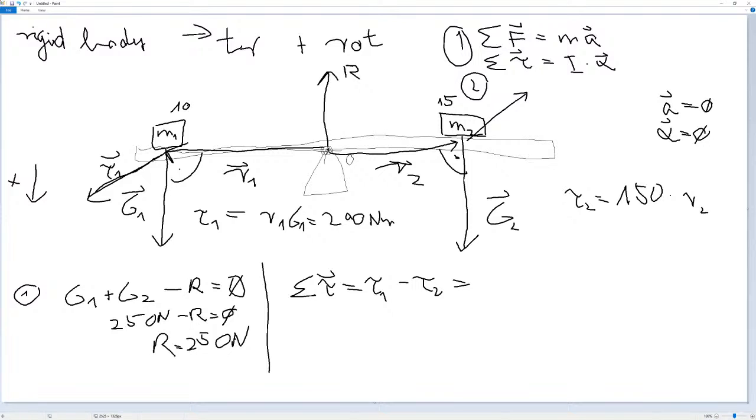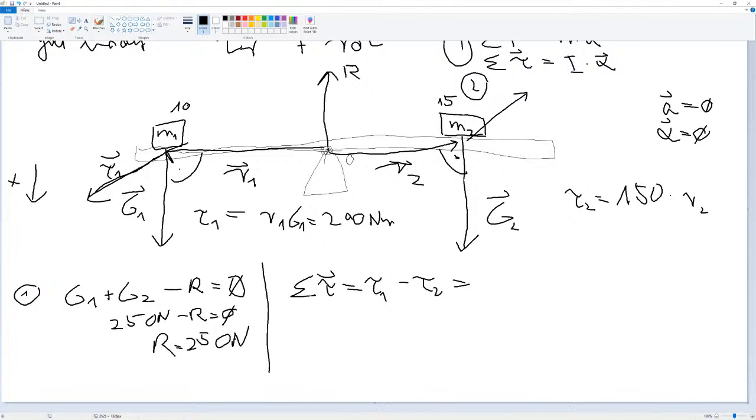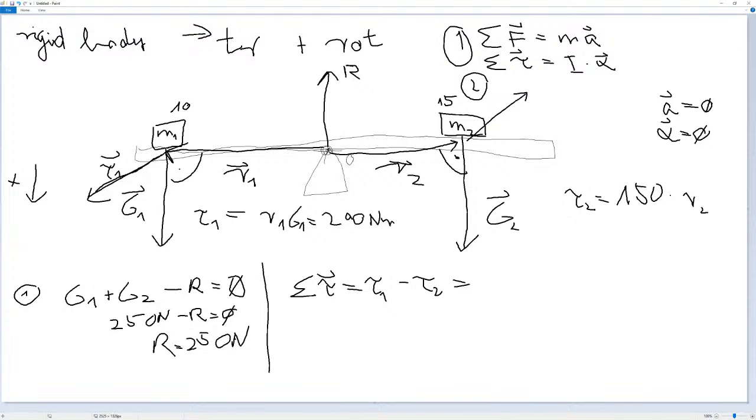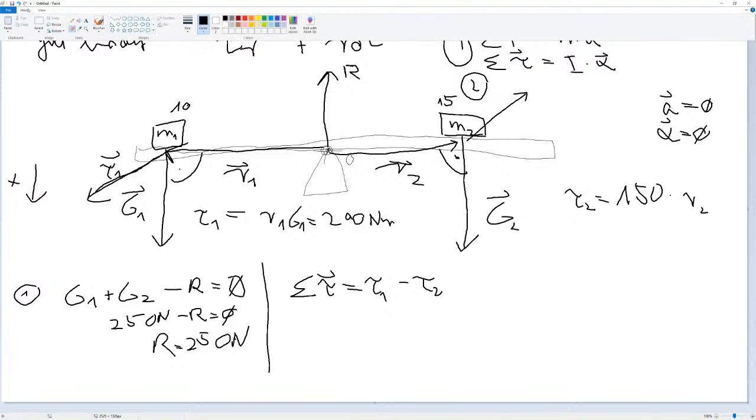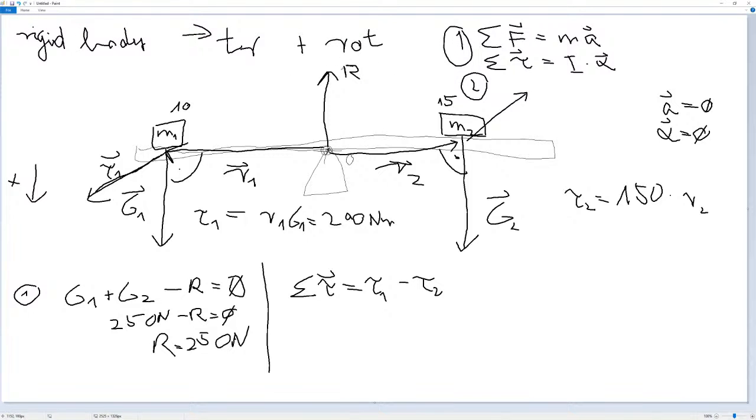All right. Don't forget something, that here we have a third force, this R, what we needed to compensate the G1 and G2.